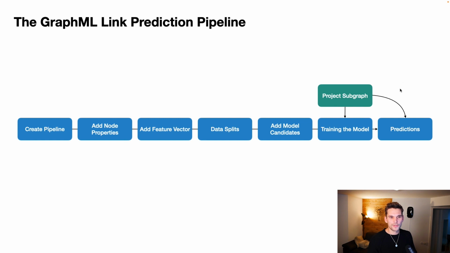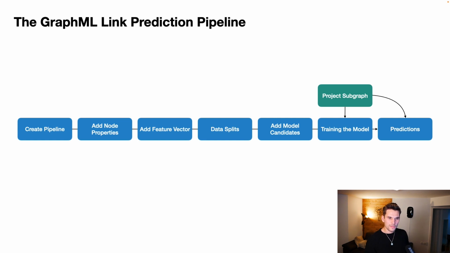And in those final 2 steps for the model training and the predictions, we also need a projected subgraph containing the data which we want to be subject to training and predictions. The prediction step uses the stored winning model of the training step together with a prediction subgraph. So that subgraph could potentially be a different one that we want to be subject for prediction.